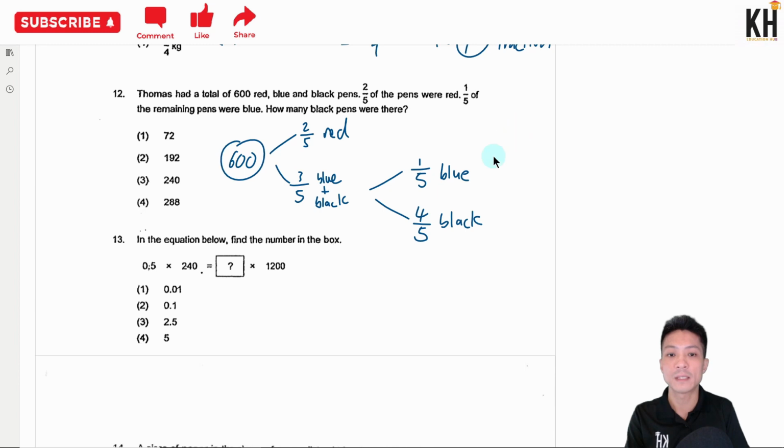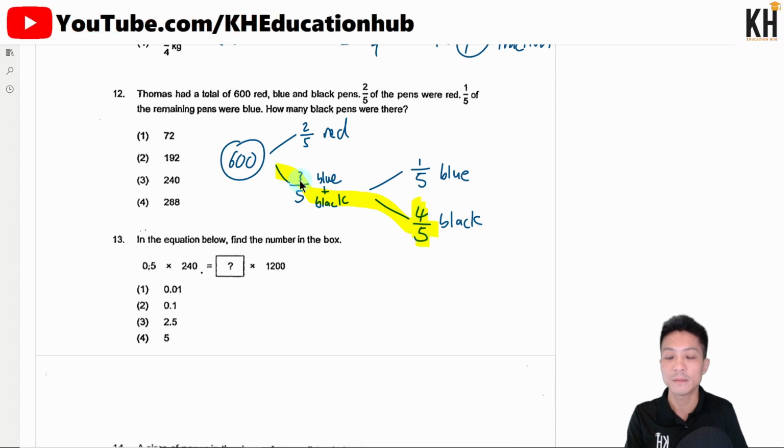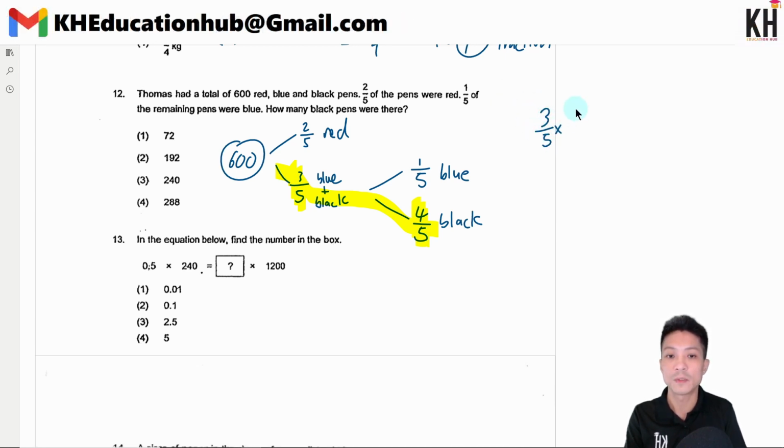How many black pens are there? If you understand the branching method, you have to follow this path over here and look at these 2 fractions. The first step that you need to do will be 3/5 times 4/5. Nothing to reduce, it will give you 12/25.